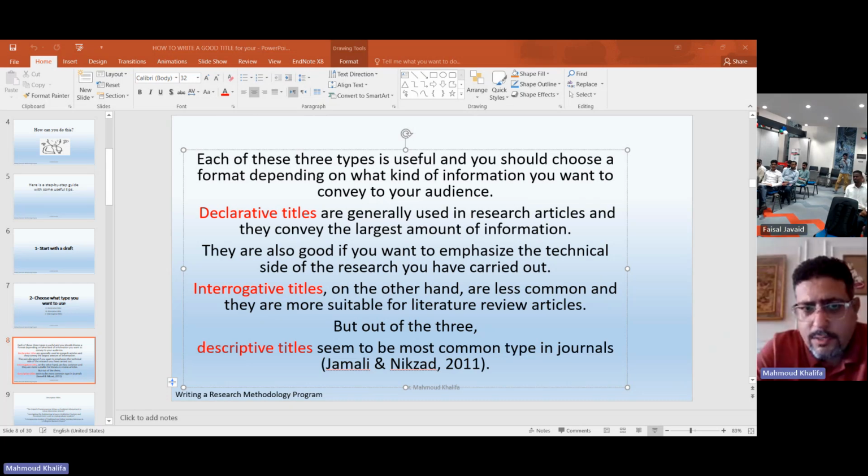Useful questions to ask when developing a good title. If you want to ask yourself whether you have written a good title or not, you should direct a group of questions to yourself. First one, what is the purpose of the article? Is this reflected in the title or not?